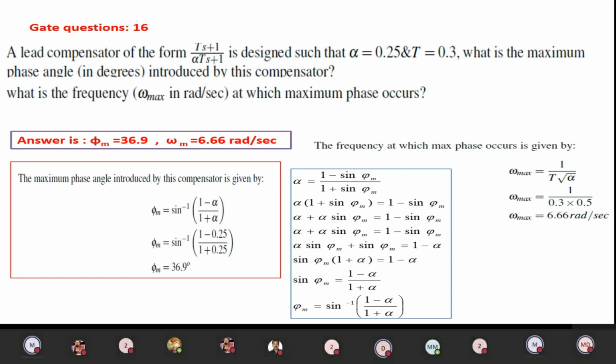So you can cross multiply and you can determine the phi m value. Phi m value will be sine inverse of (1 minus alpha) divided by (1 plus alpha). So from this, you substitute the alpha value and you will be getting phi m value is equal to 36.9. So it's very simple. Just do simple simplification and then you can obtain the answer.